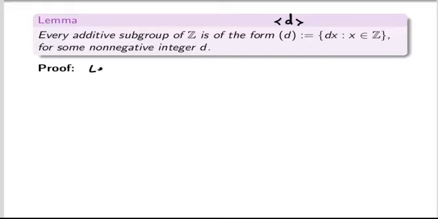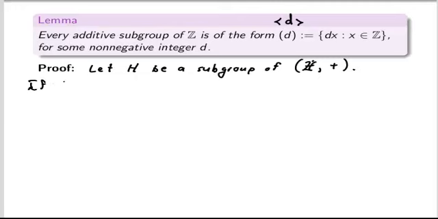Okay, so how do we prove this? I'm going to let H be a subgroup of the integers under addition. So we're thinking of addition as being our binary operation. Well, if H is {0}, the set just containing 0, then I'll just take d to be 0.